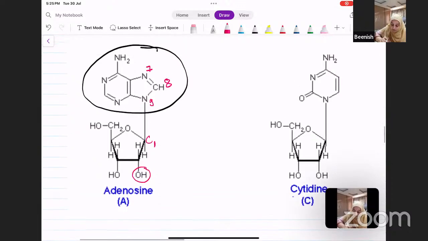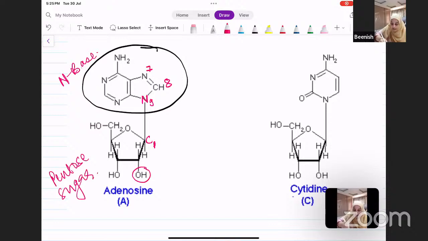Now you can recognize that to the carbon 1 of this sugar, the nitrogen 9 of your purine is connected. So this nitrogenous base is connected to a pentose sugar via a bond, this bond, and this is known as the beta N glycosidic bond.